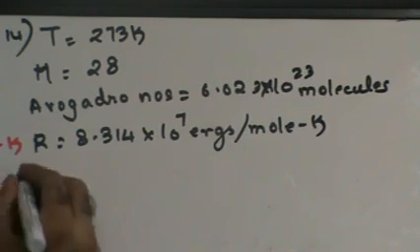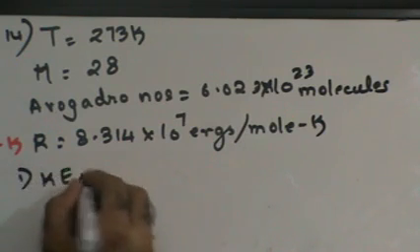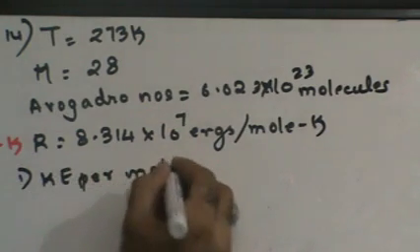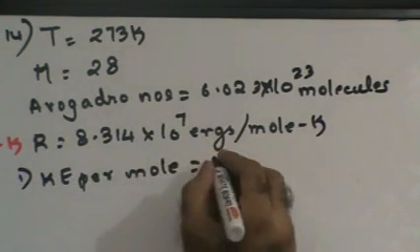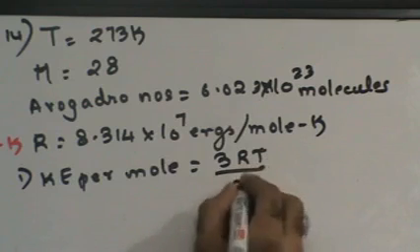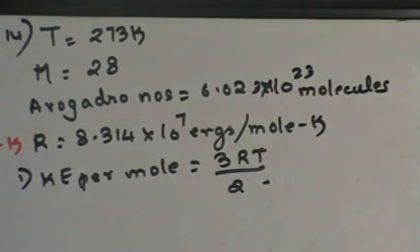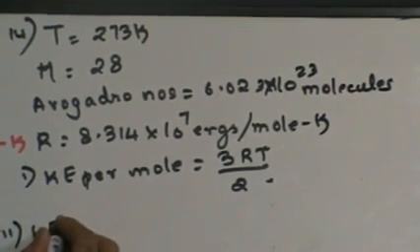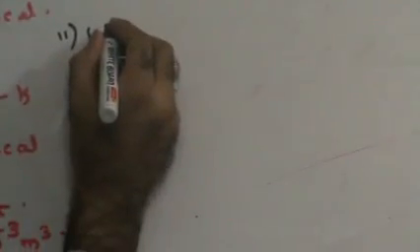Now, various things. Kinetic energy per mole is 3RT by 2. R is given to you, T is given to you. You should be able to get this answer. Next, the second part of the question is kinetic energy per molecule.